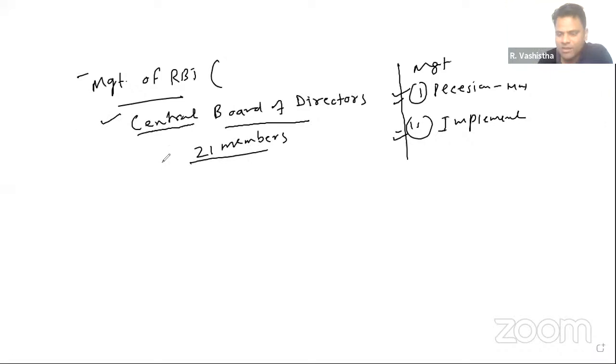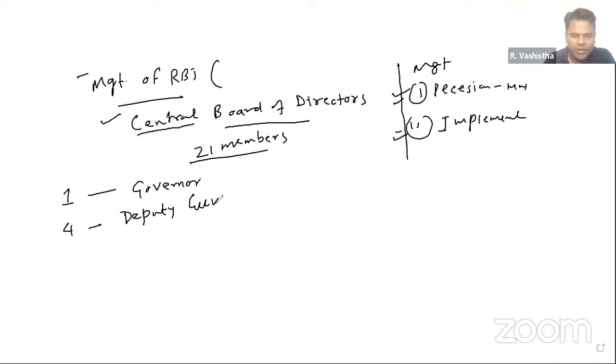There are 21 directors. The most important director is called the governor of RBI, and there is only one governor in RBI. He is the most important member of the Central Board of Directors. Apart from that, we have 4 deputy governors.